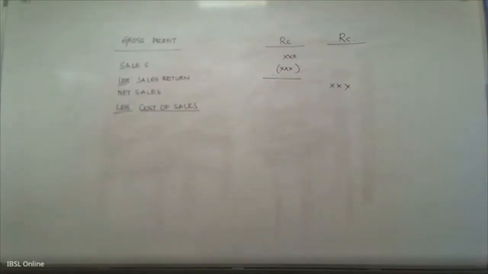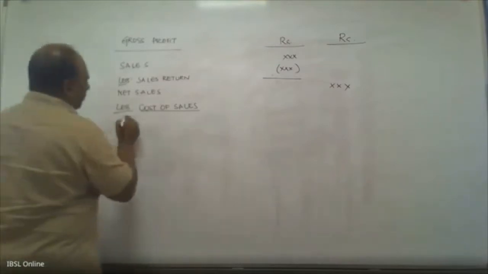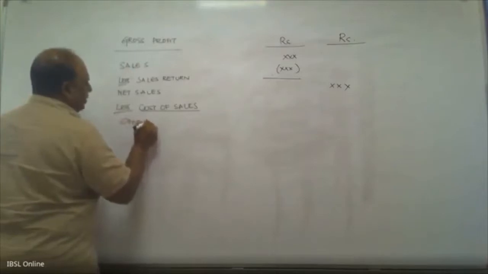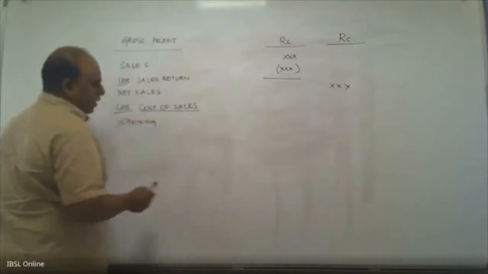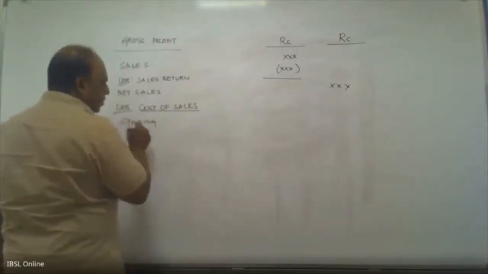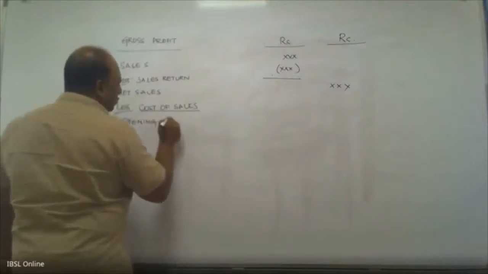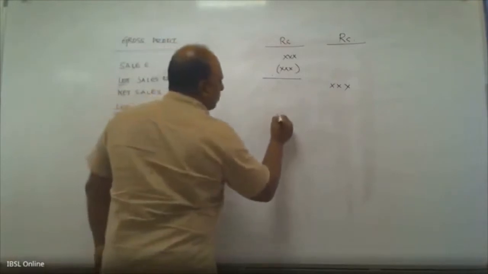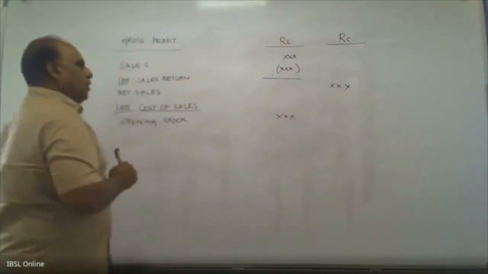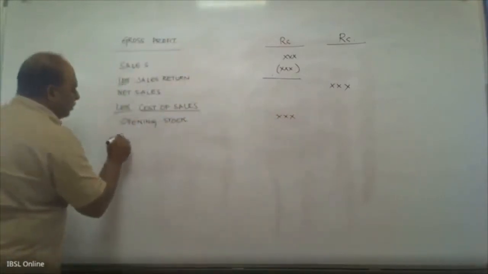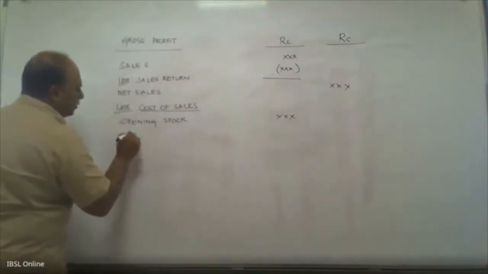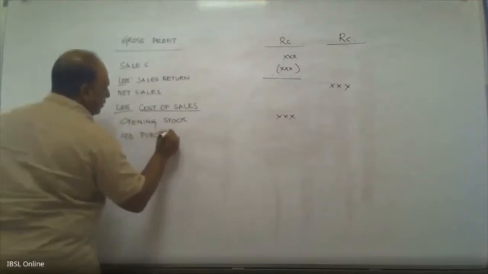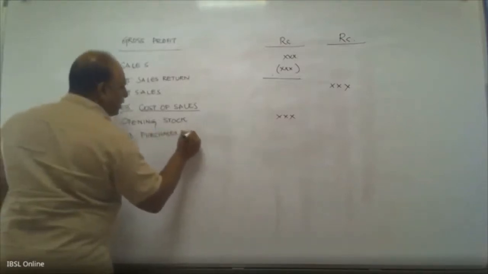So how we calculate this is, we start off with the opening stock. Since we have now already learned the inventory, LKS2, this is where it comes. So you have an opening stock value. And what do you add? Purchases during the year.